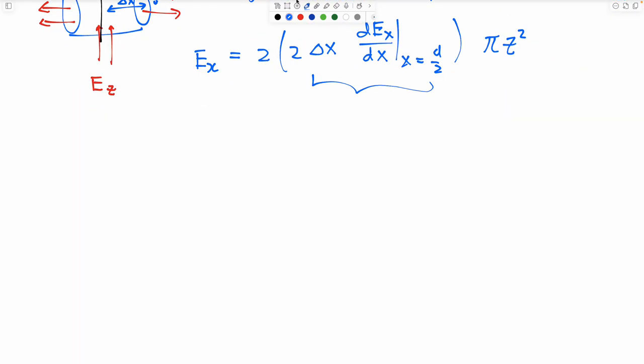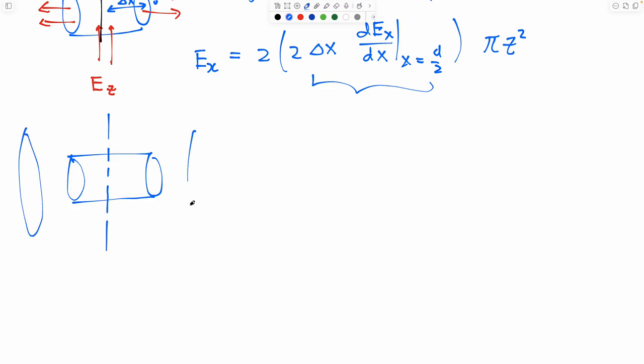Let me explain more clearly. Your cylinder looks like this right now. The first plate is over here, the second plate is over here. The electric field due to the first plate is like this. This is E1. And then due to the second one, there's an equal and opposite E1. So the net effect is that the field at the center at equilibrium is 0. But right now we're trying to evaluate the field at one of the faces.